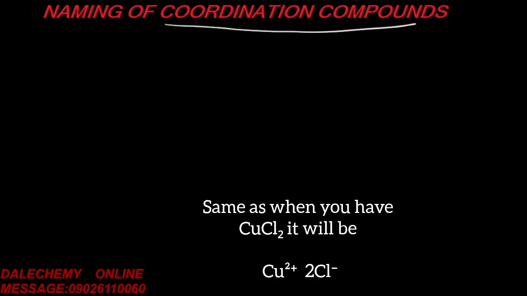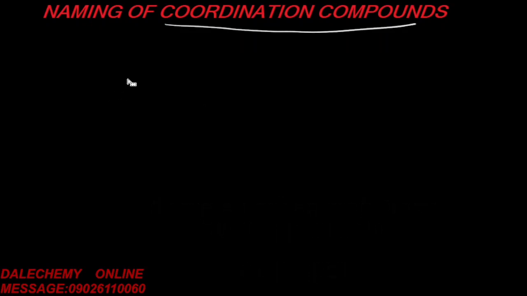Now the second one is saying that we should name the ligand first before we name the metal. Say for instance we're having nickel and carbonyl bonded together. We should name this carbonyl first before you name the nickel.